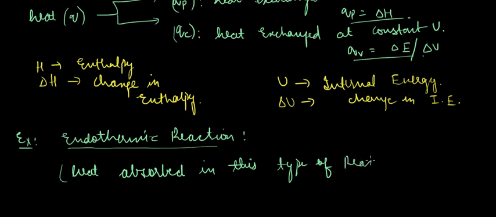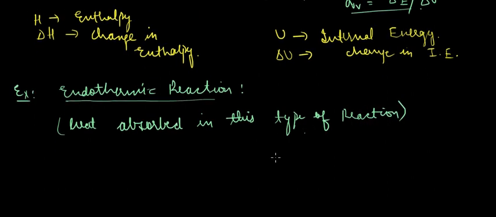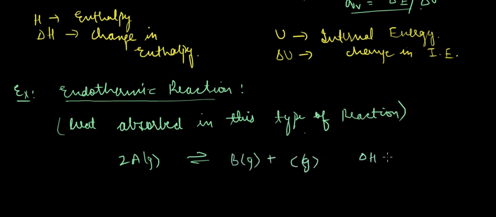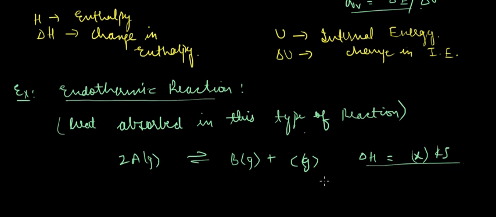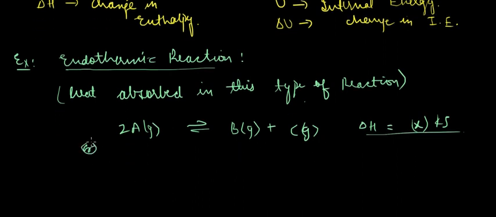An example can be 2A(g) directly dissociating into B(g) plus C(g), and delta H is x kilojoule per mole, where x is some positive number. In other words, 2 moles of gaseous A get x kilojoule of energy and are converted into B(g) plus C(g).